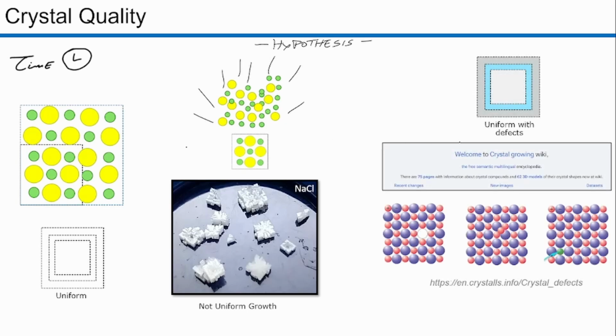Also, this might form crystals with defects, even if the growth is uniform, meaning the crystal grows like a cube. It could get defects because there is not enough time for your atoms to arrange themselves properly. Check out this very cool material on the Crystal Growing Wiki about crystal defects.